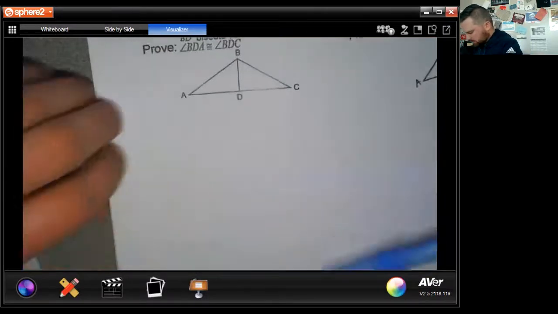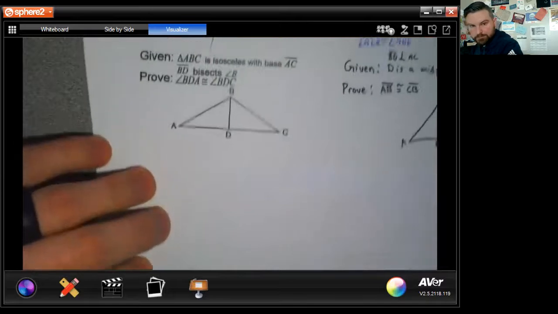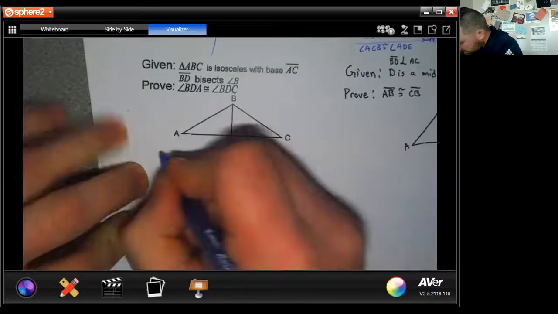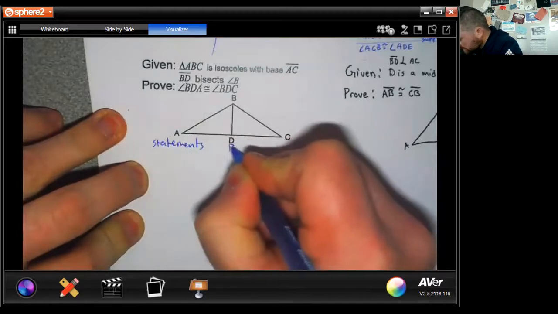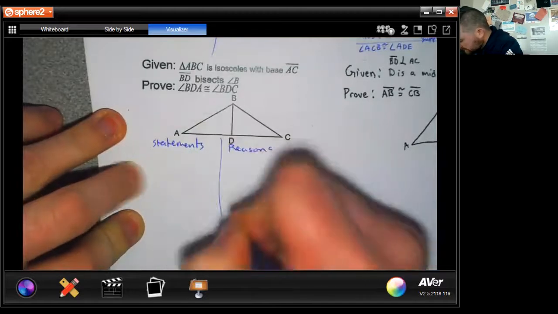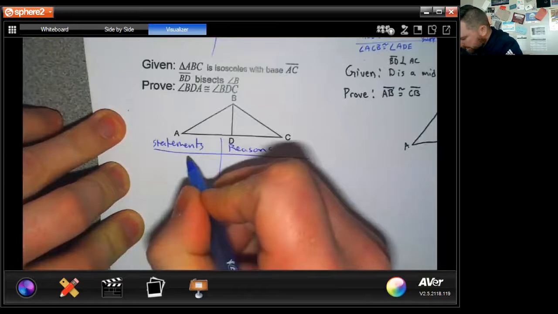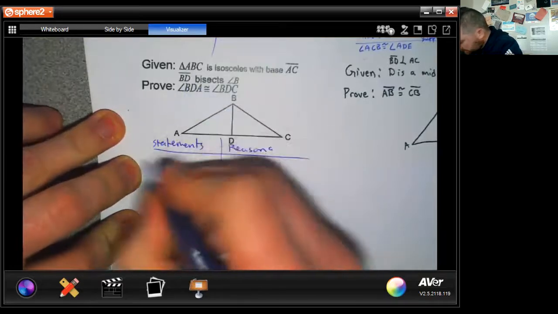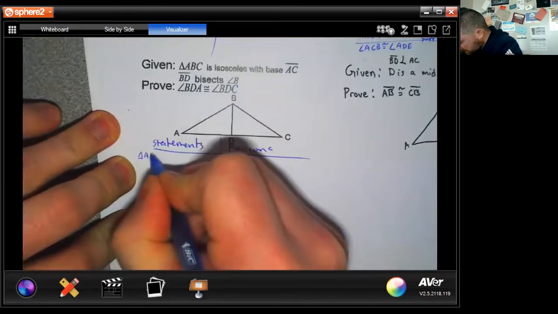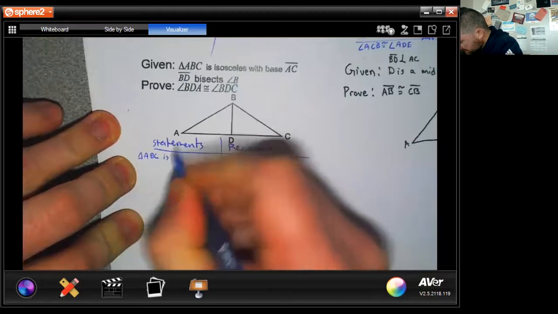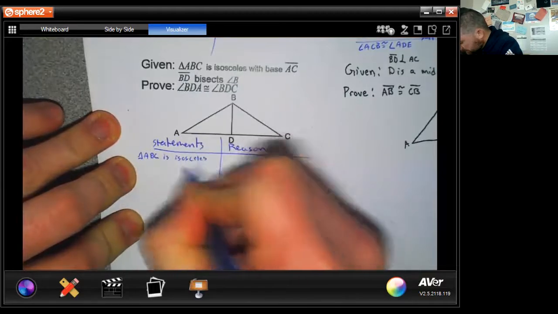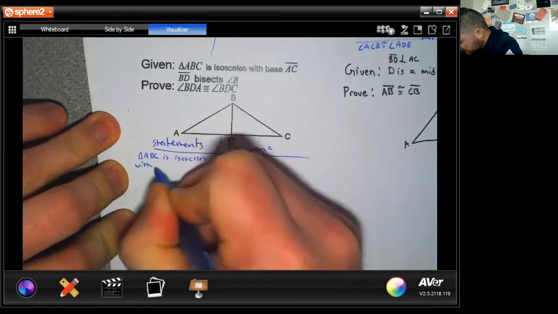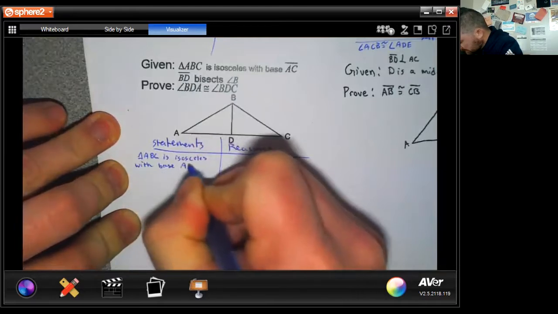So here, actually, I'm going to kind of go up so I can write on this paper. Okay, so statements, reasons. Okay, so rewrite all that. So triangle ABC is isosceles with base AC.